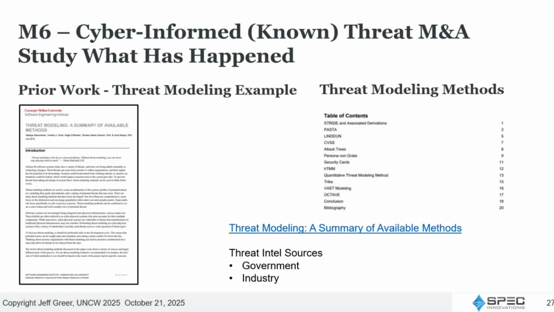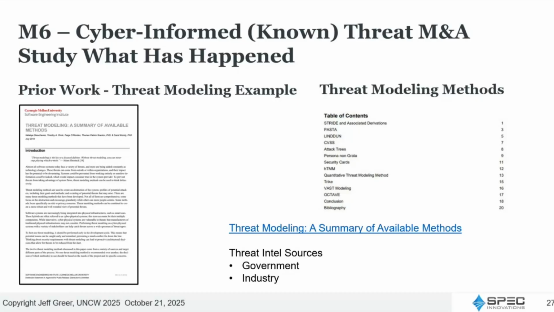Method 6 would be the cyber-informed known threat modeling and analysis study. What has happened. So there's prior work on threat modeling that I would point you to. There's some excellent work out of Carnegie Mellon, their Software Engineering Institute.